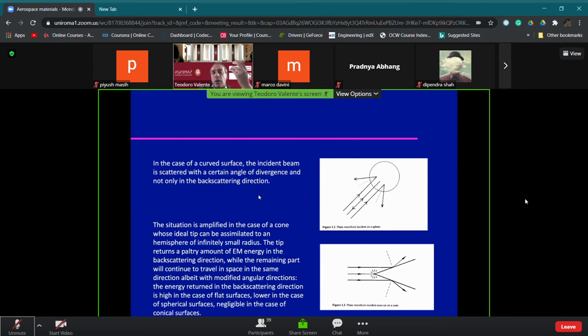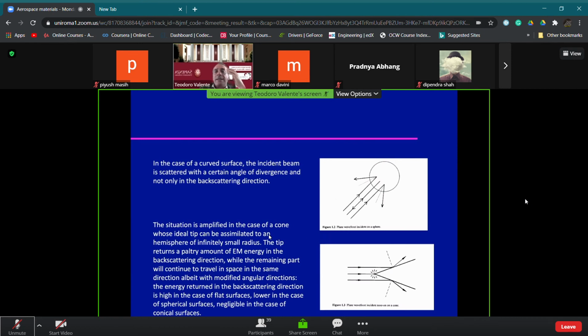So not only in the so-called backscattering direction. And due to the interaction that we know of the electromagnetic waves with material surfaces, this situation here gives back not all the energy, but just a part of the energy in the backscattering direction.